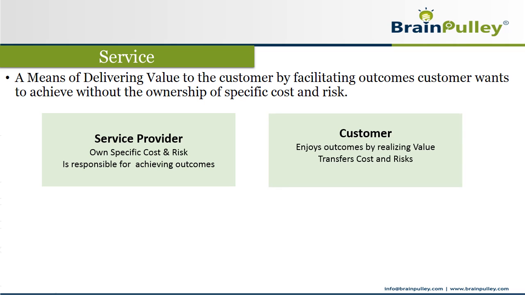Customers seek outcomes but do not wish to have accountability or ownership of all the associated costs and risks. The customer enjoys the outcome upon achieving value. In the next slide, we will learn about different types of services and how services are categorized in different ways.